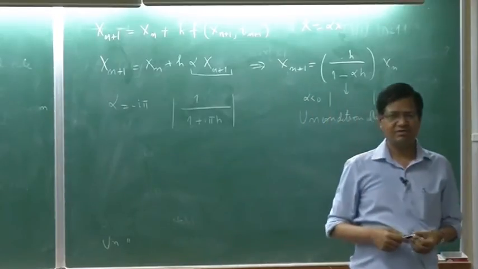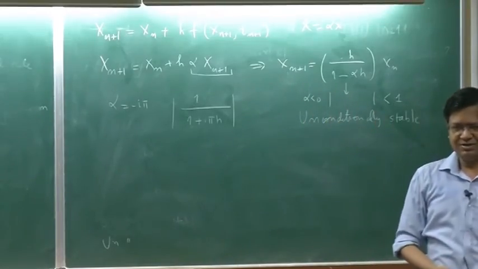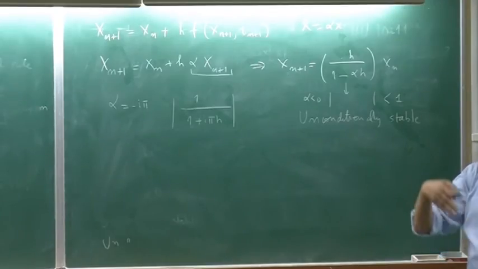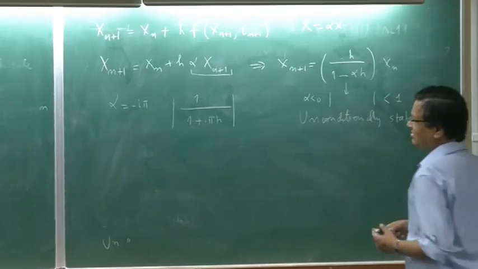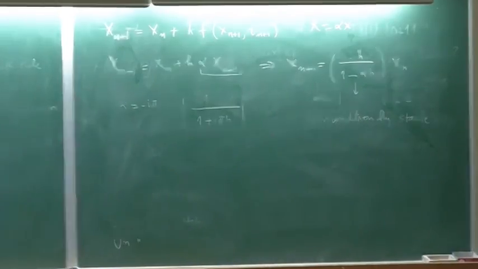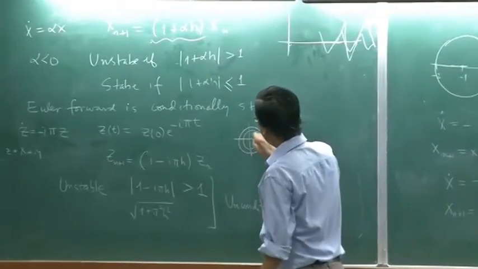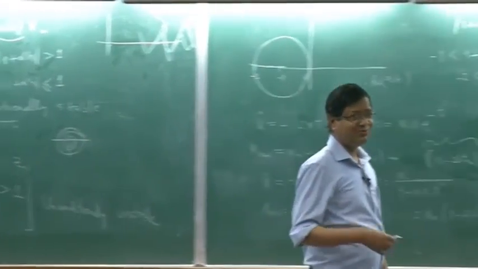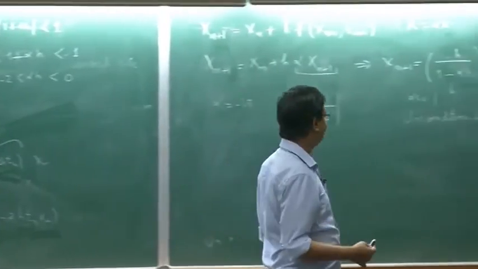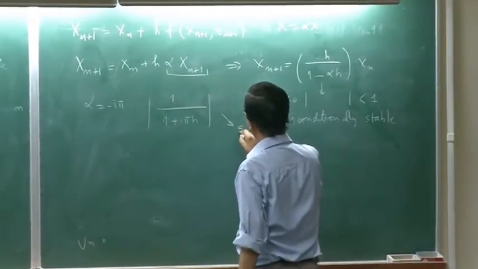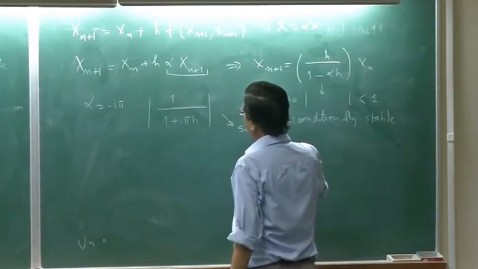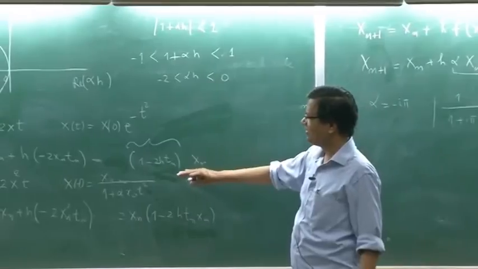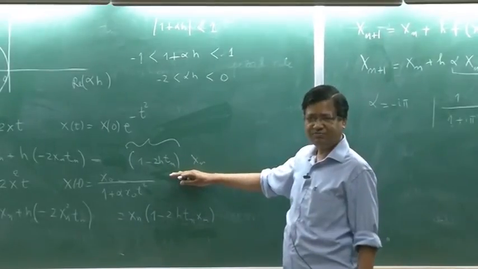It is also less than 1, so it is also stable. It turns out there will be oscillation when I do the numerical solution, but it's stable. It's not growing. So even these are stable.